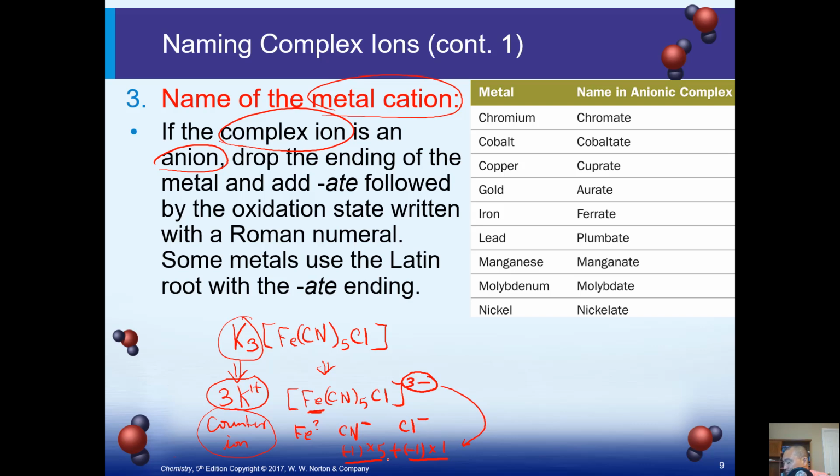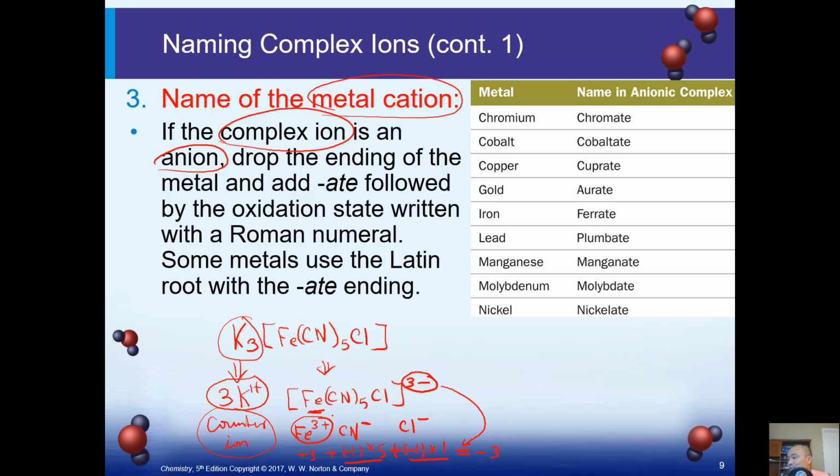So this total must be -3. So for this reason, this iron would carry a +3 charge. So that question mark here would be 3+.